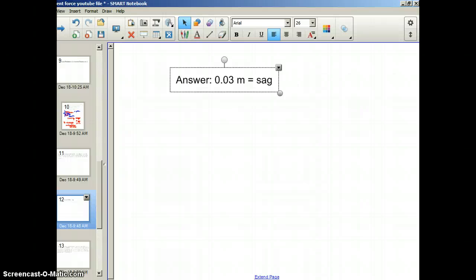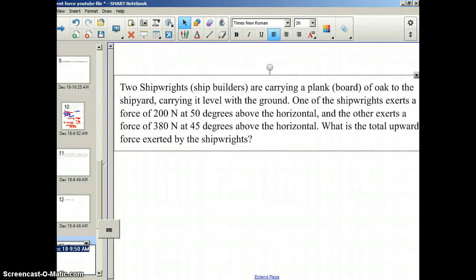Practice problem 2. Two shipwrights, shipbuilders, are carrying a plank, which is a board, of oak to the shipyard, carrying it level with the ground. One of the shipwrights exerts a force of 200 newtons at 50 degrees above the horizontal, and the other exerts a force of 380 newtons at 45 degrees above the horizontal.